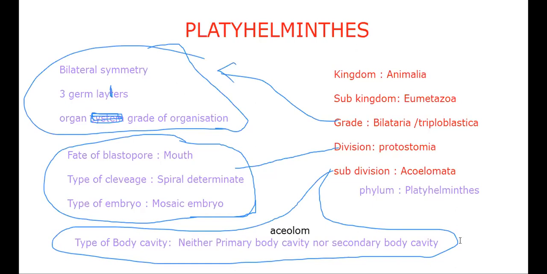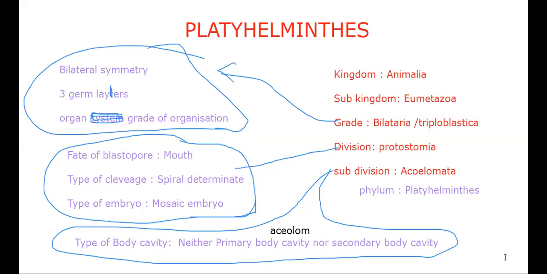We came to know all these because the phylum Platyhelminthes belongs to kingdom Animalia, subkingdom Eumetazoa, grade Bilateria or Triploblastica, division Protostomia, subdivision Acoelometa. Being in the Bilateria grade, they have bilateral symmetry, 3 germ layers, and organ grade of organization. The fate of blastopore being mouth, spiral determinate cleavage, and mosaic embryo are because of division Protostomia. And the acoelom body cavity is because of the subdivision Acoelometa.